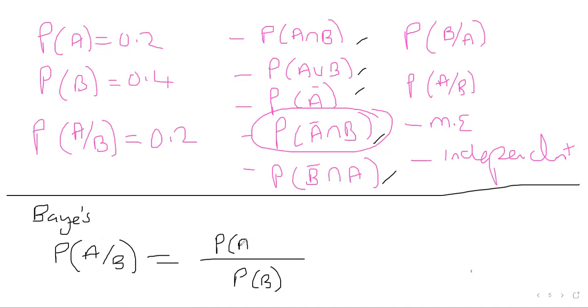Then we are following the alphabet. So we'll say A, is it intersection B? Across the brackets. Then what was our A intersection B? We already calculated it at 0.08. And our B, 0.4. So when you divide 0.4 into 0.08, you get 0.2, which tallies with what we have here.